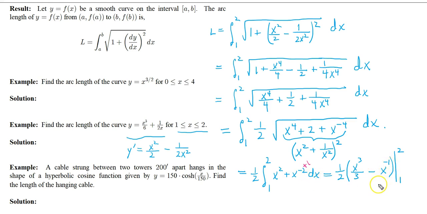And divide by negative 1, which is equivalent to just multiplying this by a negative. Notice if we differentiate this, drop the negative 1 down, we get a positive, and then subtract 1, we get negative 2 back. And now we just have to evaluate this at 2 and 1 and subtract, and we get our answer.